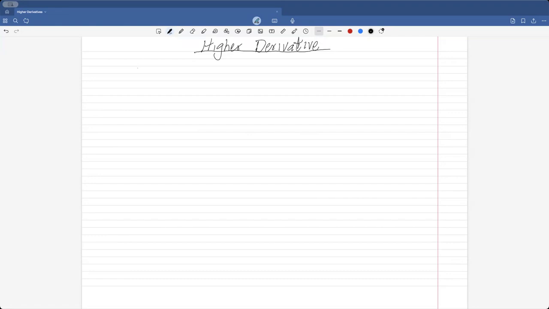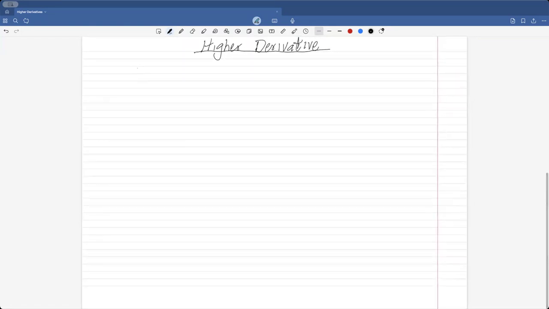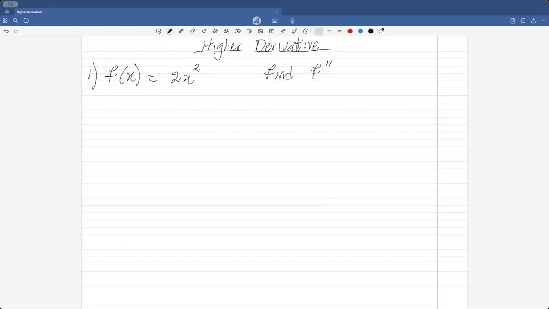Let's say, for instance, if you're given a function, let's say we have f(x) equals 2x to the power of 2, and we are told to find f prime prime x.